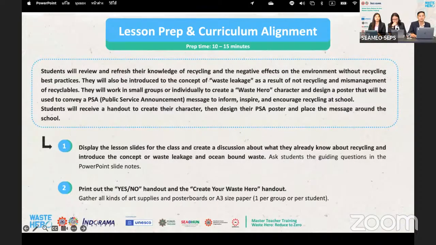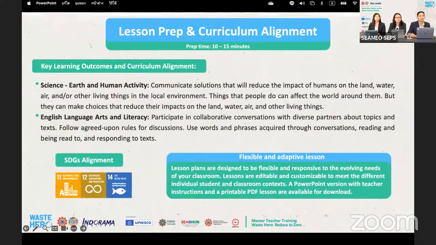And next, this is about the lesson prep and curriculum alignment. It's going to show you how to refresh your students' knowledge in your class and what you should prepare for your class before you're teaching. And this is the lesson prep and curriculum alignment.